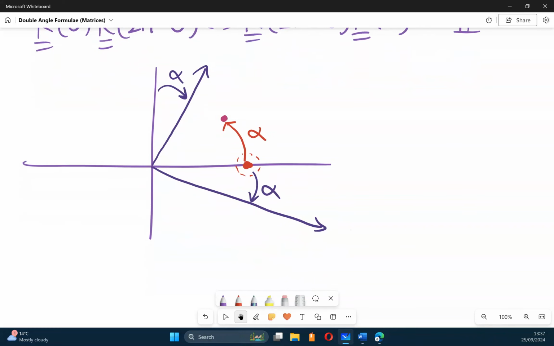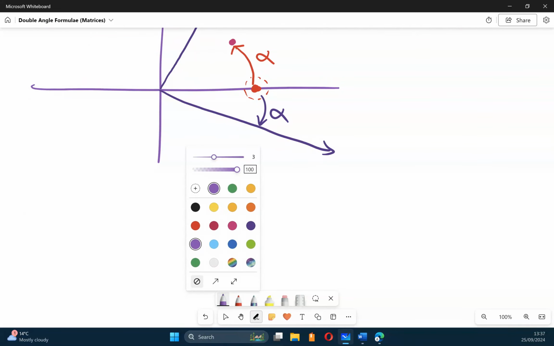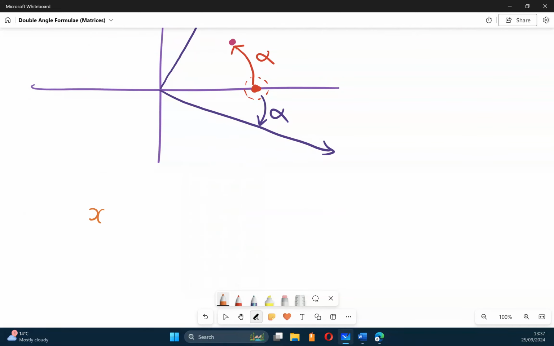And what we learn from that is that my x prime and y prime axes from the previous video, so I've had x prime hat, well, that is just the x-axis rotated by alpha clockwise. So that is rotating the x hat axis by an angle of minus alpha.